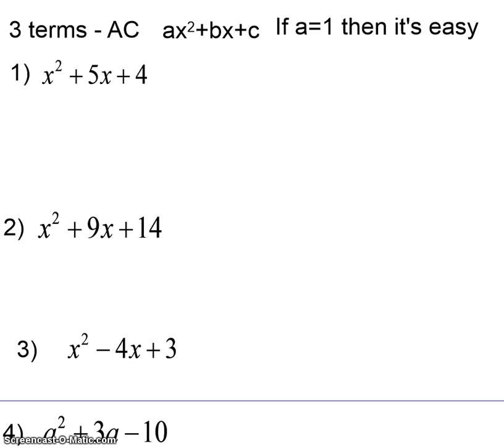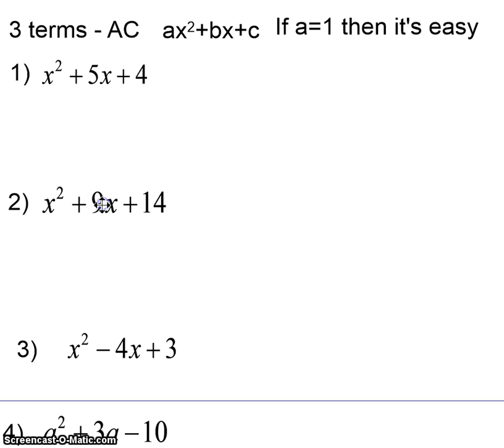All right, anytime you've got a polynomial with three terms, and the leading coefficient is 1, that means here, in front of your x squared, then you can use the Easy AC method.